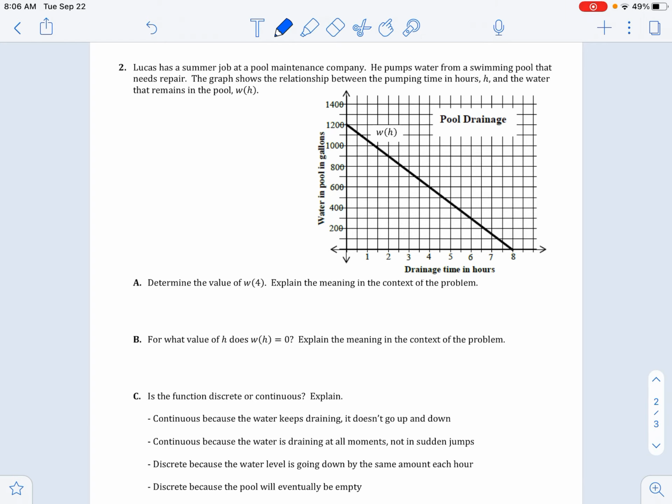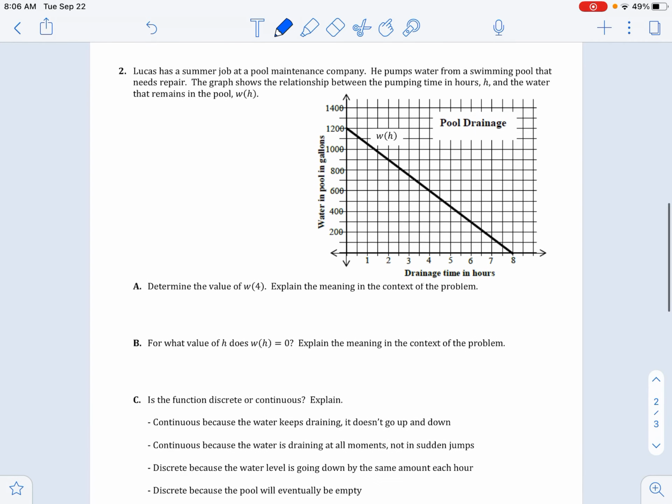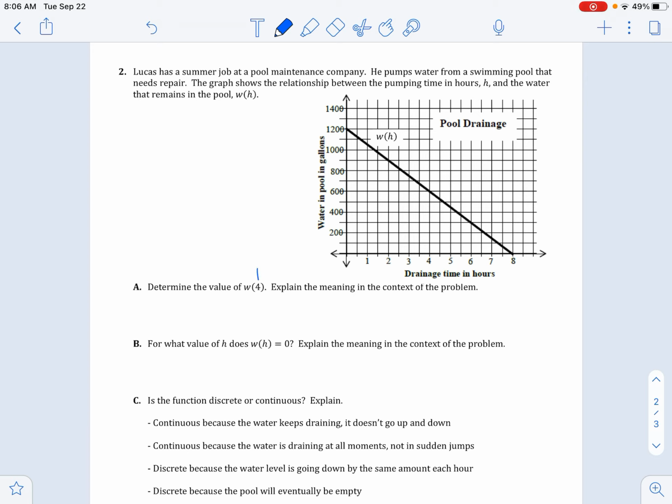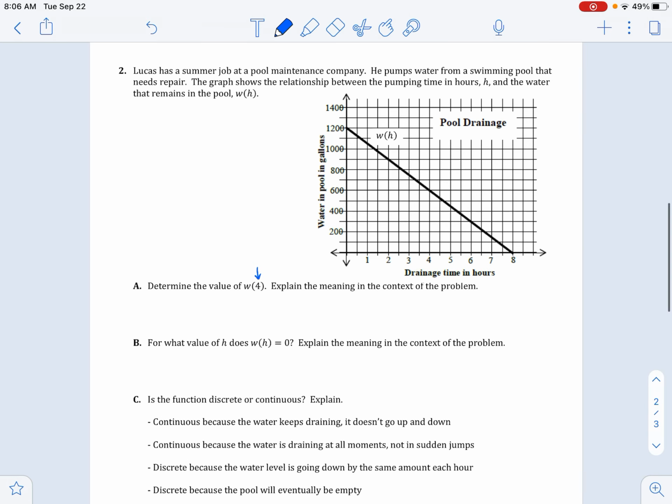W of H is the water that's left in the pool in gallons, which would be similar to Y. So A says, determine the value of W of 4. Is this an X value or a Y value? That's an X value, right? So I want to know when X is 4, what is Y? So W of 4, let's look here. Here's 4. Right there. 600.